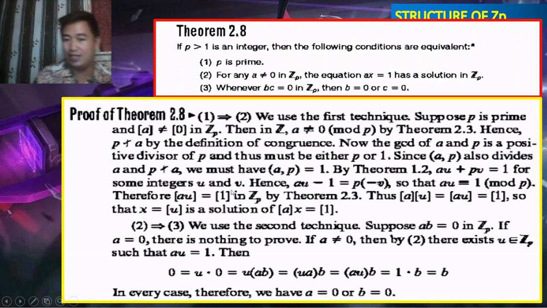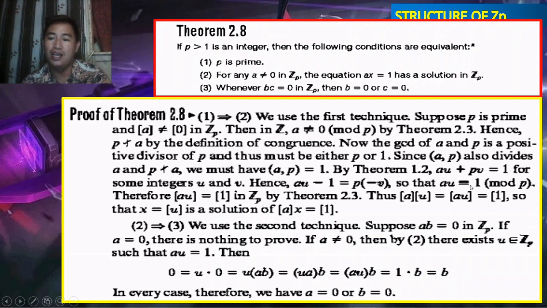Review: transfer PV to the other side, so AU minus 1 is equal to P times negative V. So AU is congruent to 1 mod P, because AU minus 1 is divisible by P. Therefore, the congruence class of AU is equal to 1 in ZP by Theorem 2.3.